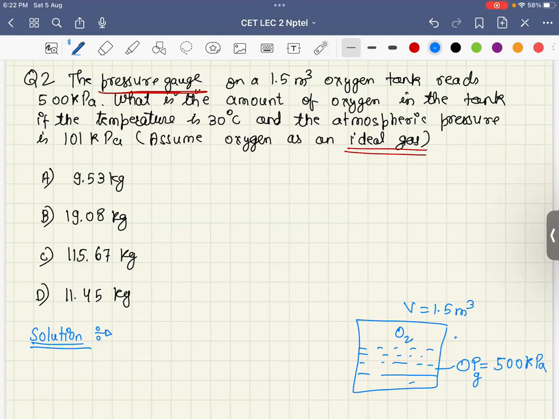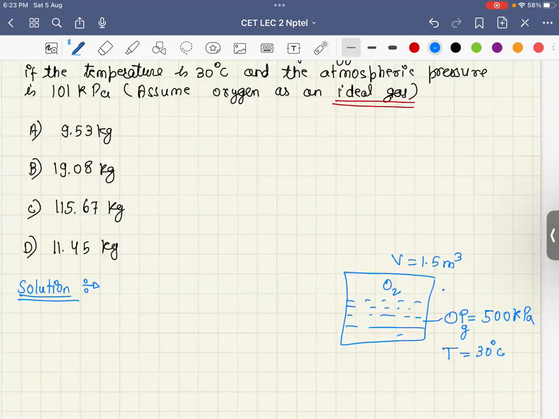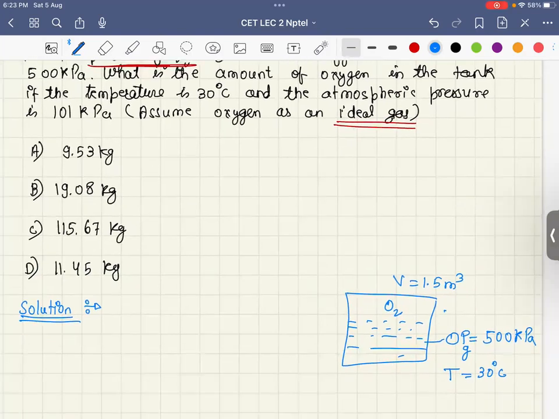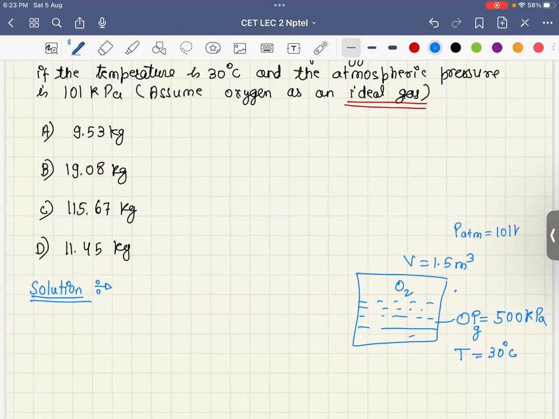Its temperature is also given as 30 degrees centigrade, and atmospheric pressure is also given. P atm is given as 101 kPa, and we are asked to find the number of moles or the amount of oxygen gas which is present inside this tank. And we are asked to assume that we can treat that oxygen as an ideal gas.